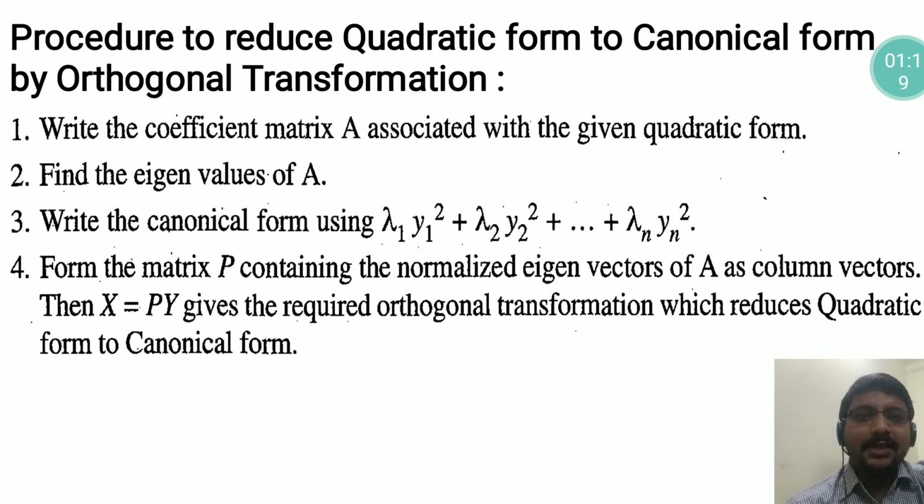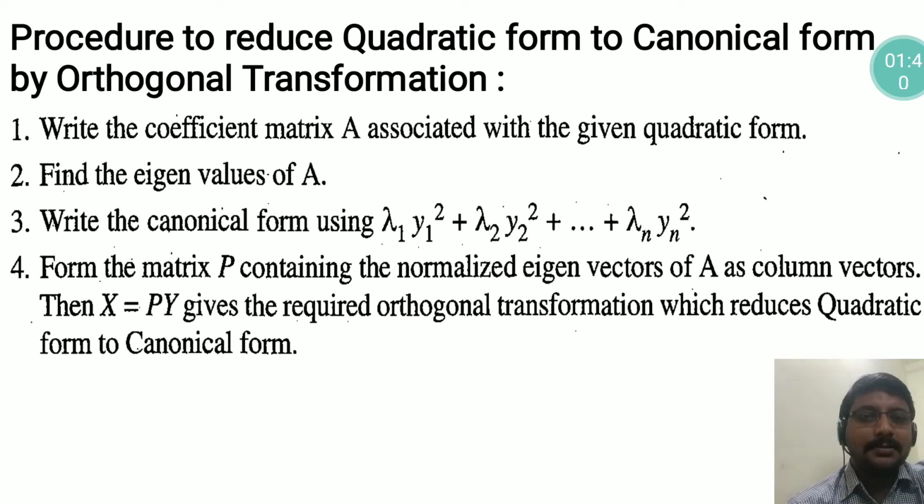In the second step we have to find all the eigenvalues of the given matrix capital A. In the third step we have to write the canonical form using the expression lambda 1 y1 square plus lambda 2 y2 square plus and so on plus lambda n yn square.